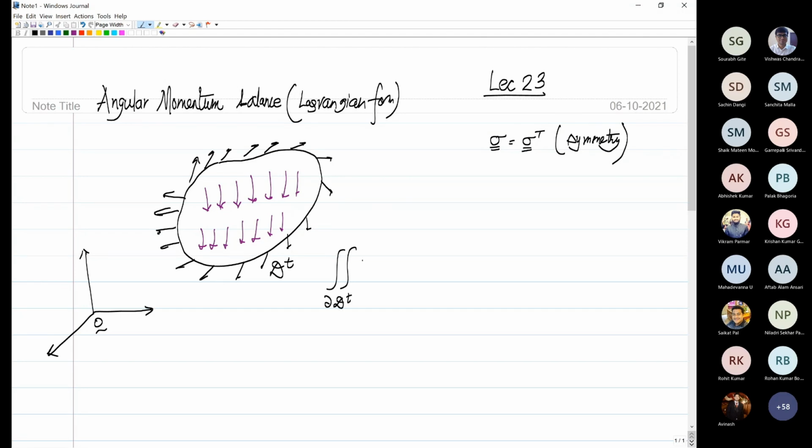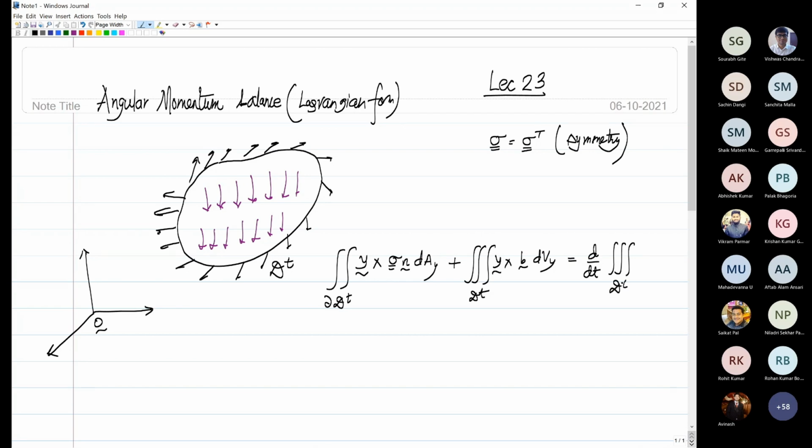So that's over del dt, y cross, where y is the location of a point from the origin, the position vector. y cross traction, which we wrote as sigma times n da, plus the moment due to body force, which is y cross b dv, and this is equal to d/dt of the total angular momentum of the body, or the part of the body, that is dt.